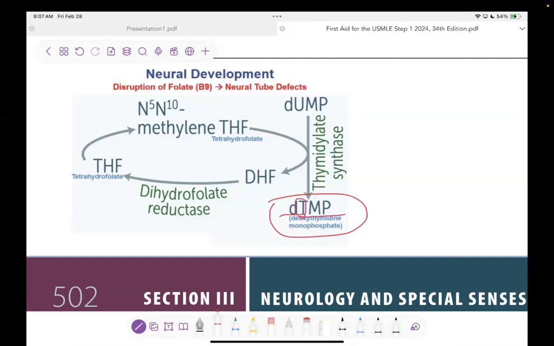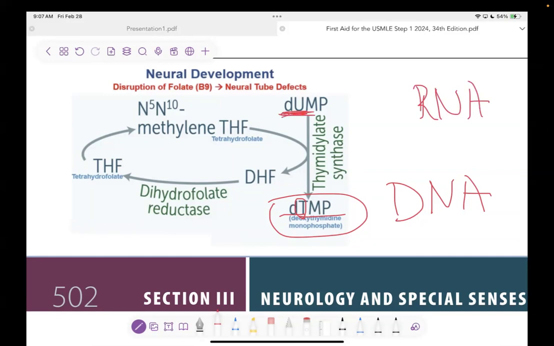Whenever you see thymidine in biochemistry, you know that thymidine is a nitrogen base for DNA, right? And whenever you see uracil, I know everyone knows a little bit about biochemistry, even if you haven't started biochemistry already, you know that uracil is a nitrogen base for RNA, right?